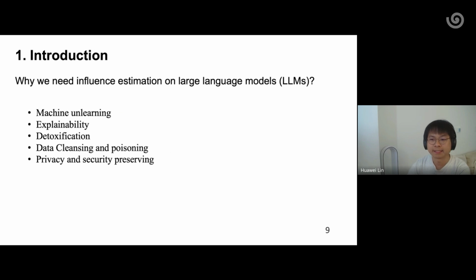So understanding the influence of training data on generated contents is important for machine unlearning, explainability, detoxification, data cleansing and poisoning, privacy and security preserving.